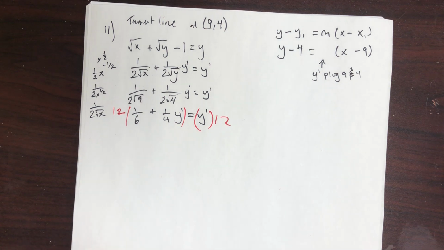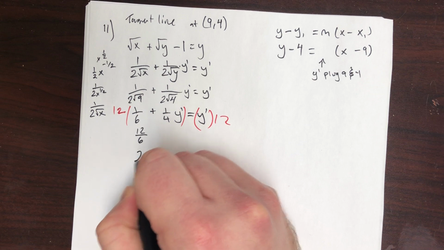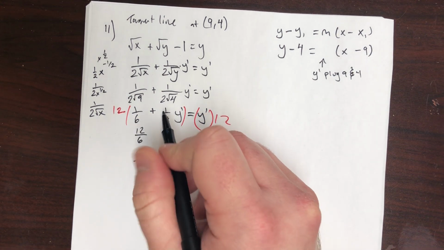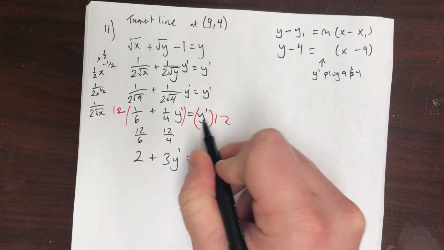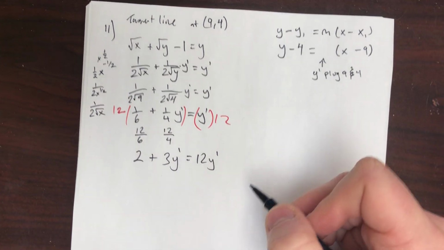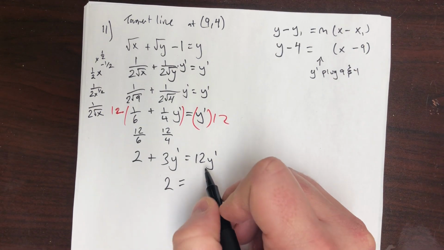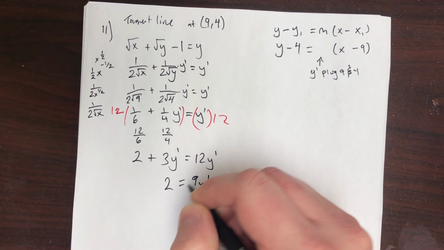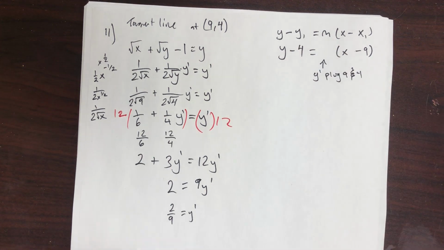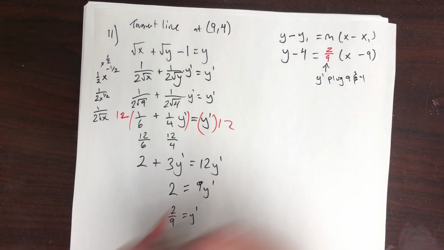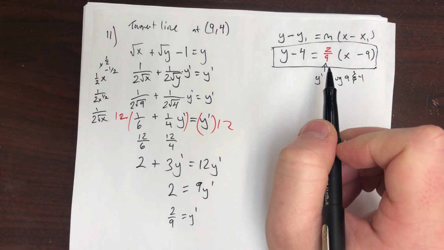Over here I get 12 times 1/6, which is 12/6, which is 2. And this one I get 12/4, which is 3. And then over here we have 12 y prime. Now to solve this, I'll just subtract the y prime from both sides, get 9 y prime, so y prime is 2 over 9. And you're done.